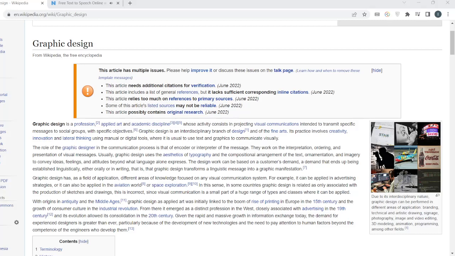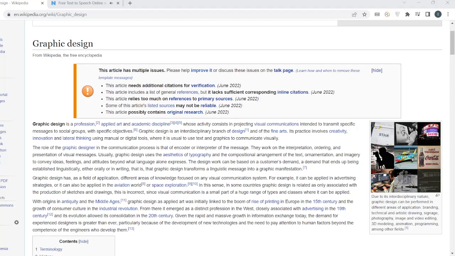For example, it can be applied in advertising strategies, or it can also be applied in the aviation world or space exploration.